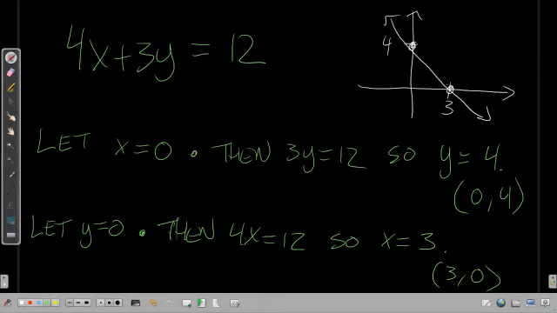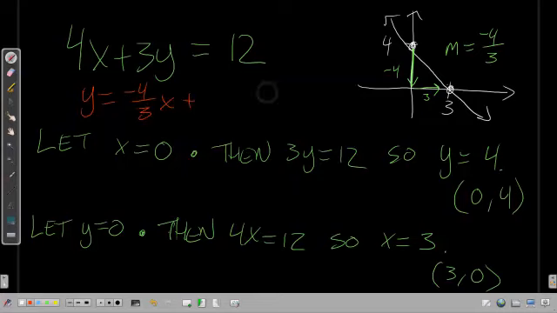I can see explicitly what the slope of this line would be, because to do my rise over run, I would have to go down 4 units, and I would have to go over 3 units. I can see that my slope is minus 4 over 3. I could write this equation, y is equal to minus 4 over 3x plus 4.